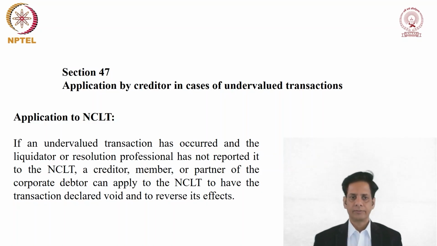Section 47 of the IBC provides that the creditor can make an application to NCLT. If an undervalued transaction has occurred and the liquidator or resolution professional has not reported it to the NCLT, a creditor, member or partner of the corporate debtor can apply to the NCLT to have the transaction declared void and to reverse its effects.